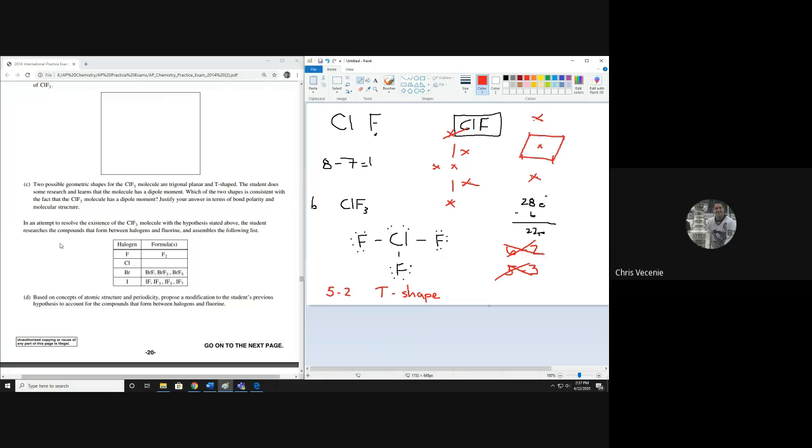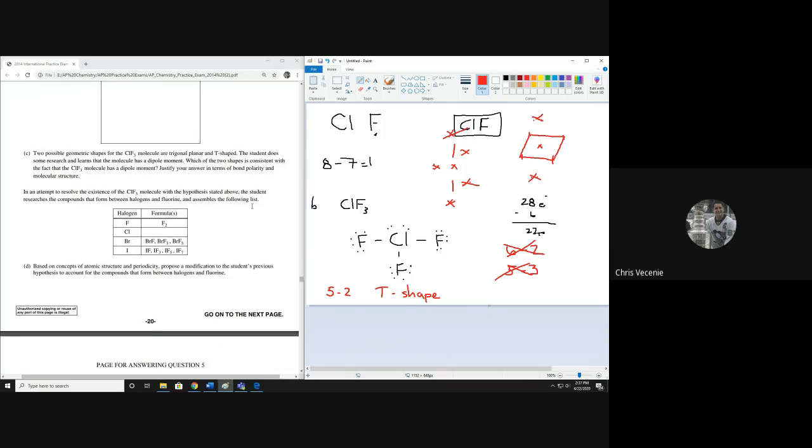All right. In an attempt to resolve the existence of the ClF3 molecule with the hypothesis stated above, the student researches the compounds that form between halogens and fluorine and assembles the table. So we got F gets F2. Cl, we don't know. Br gets BrF, BrF3, BrF5.